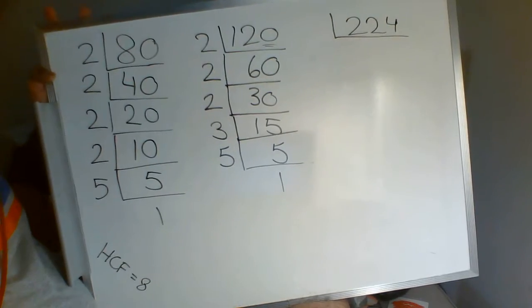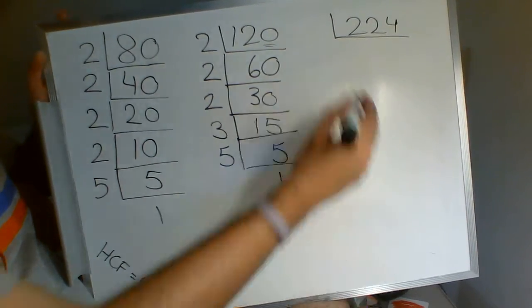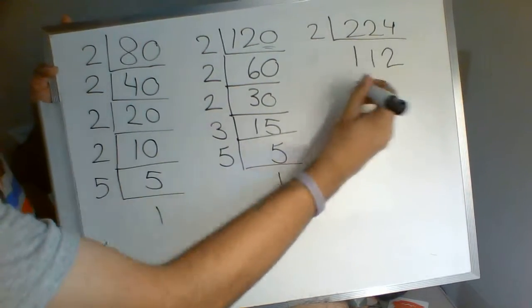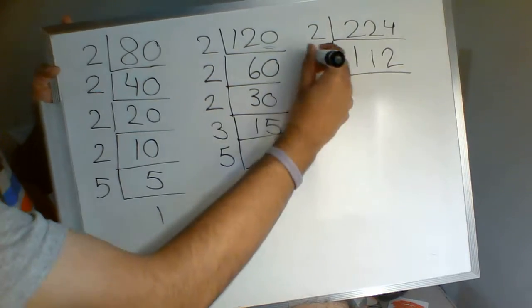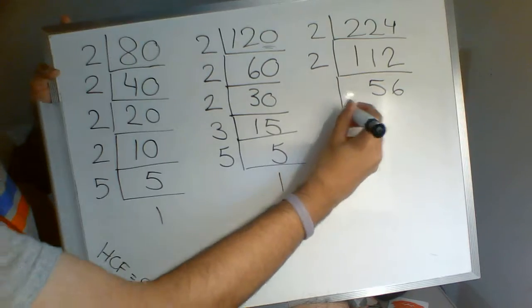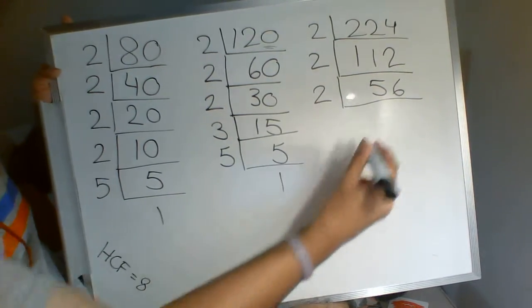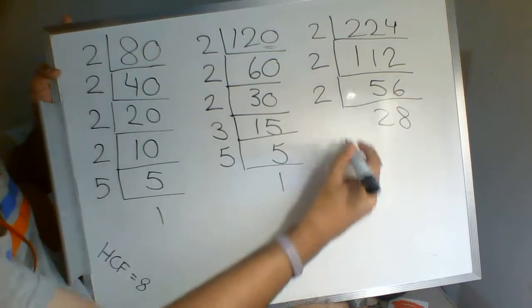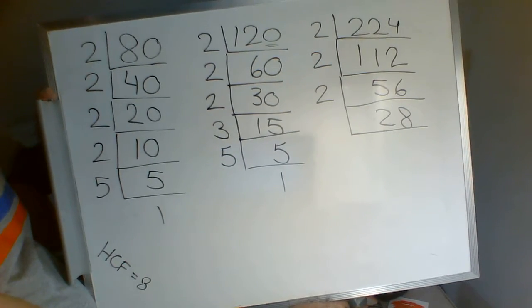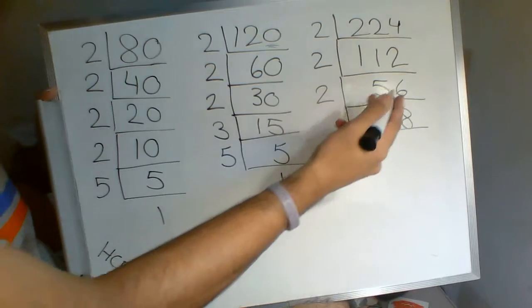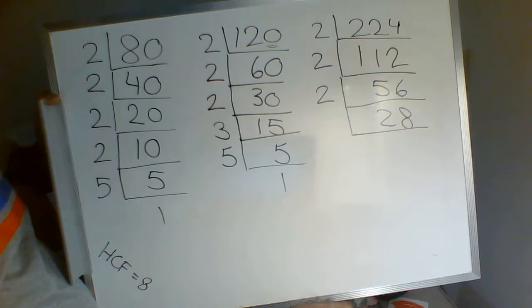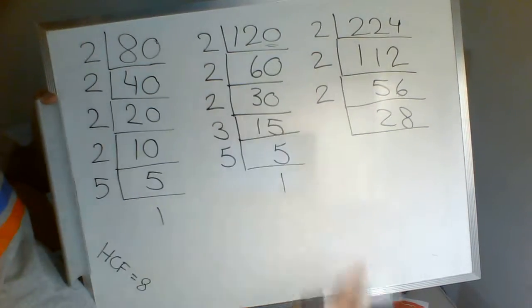So now we have that 224 over there on the right. It's even, so we divide by 2, and it's going to give us 112. Divide by 2 again, it's still even, that's going to give us 56. Divide by 2 again, that's going to leave us with 28. I'm not showing the work this time because we already figured out these numbers from earlier, but if you're doing 56 divided by 2, feel free to do long division if you're not sure how to get from 56 to 28 or 112 to 56.